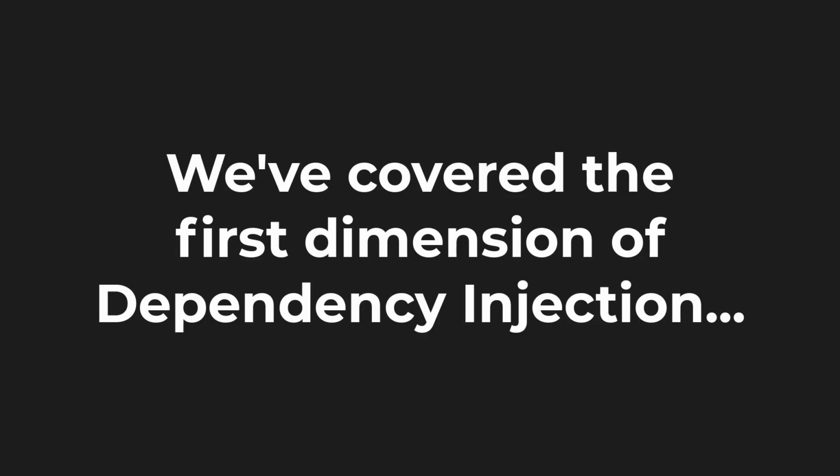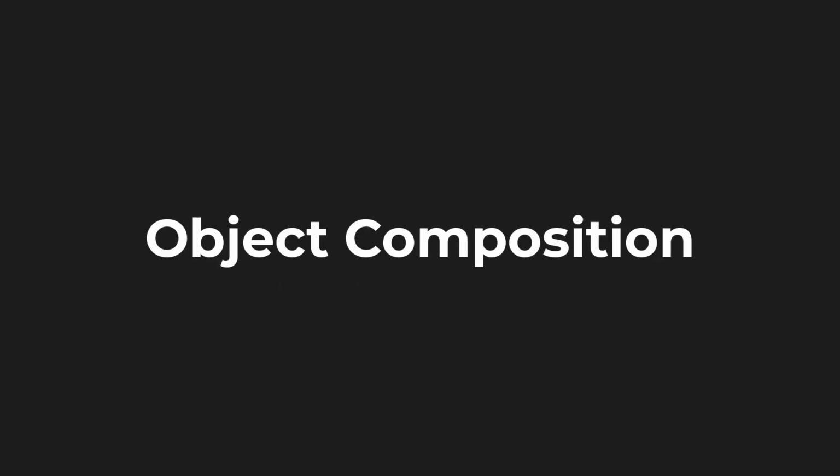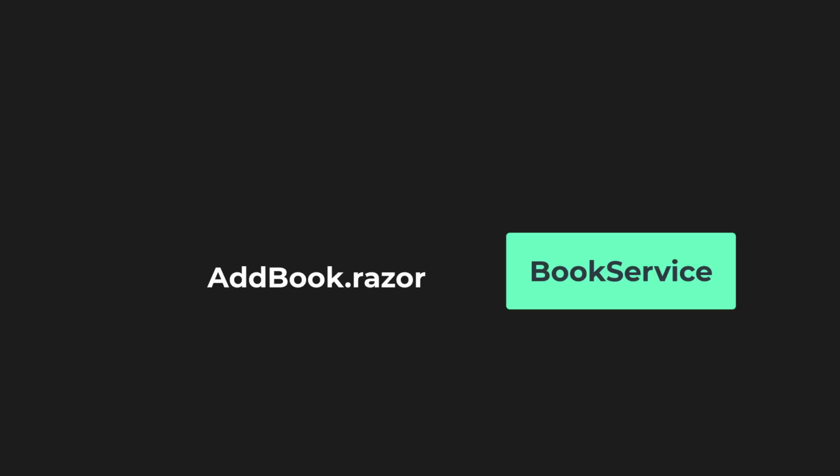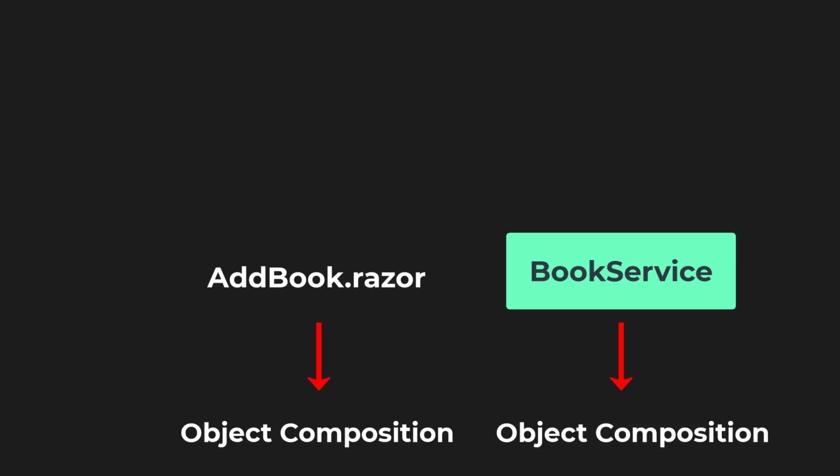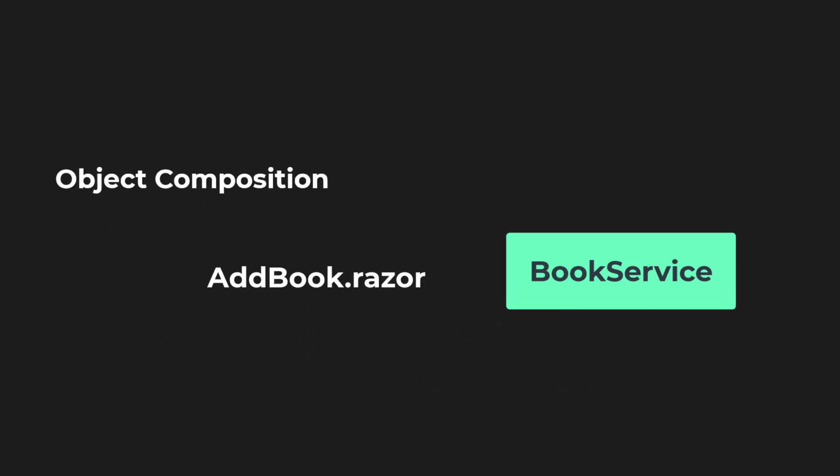So till now, we have covered the first dimension of dependency injection, which is object composition. So instead of the addbook.razor Blazor component and the book service class being responsible for object composition, we shifted the responsibility to a third party called the composition route, and we saw that a composition route is located close to the main method, and it can be implemented in 2 ways.